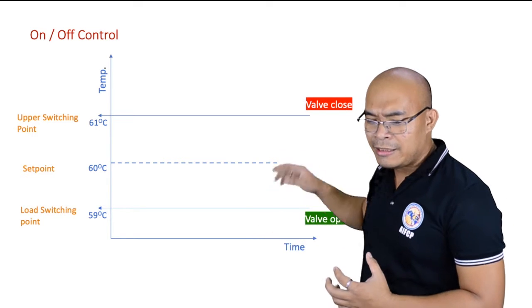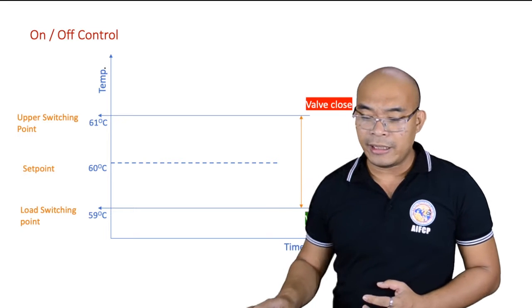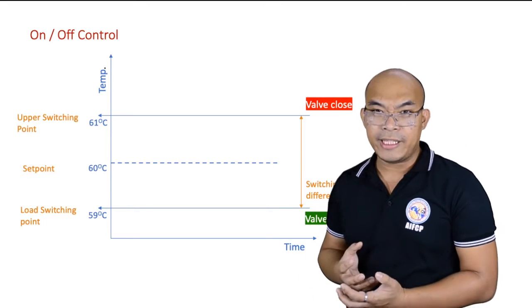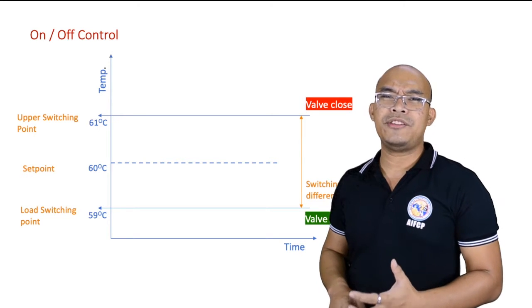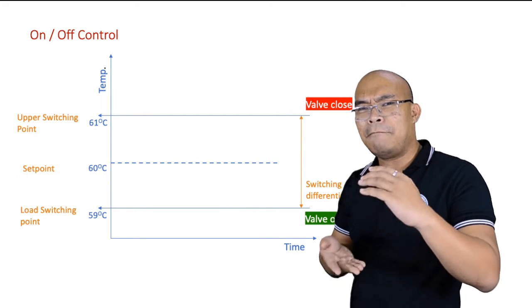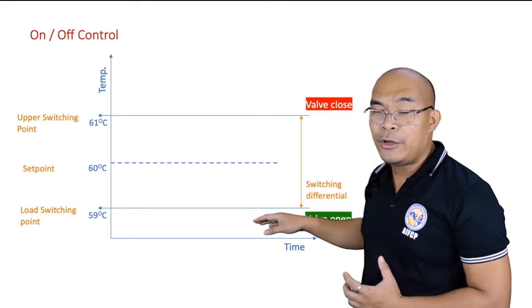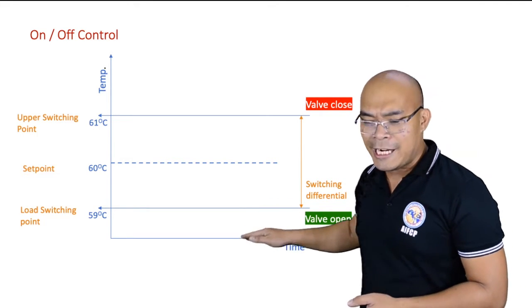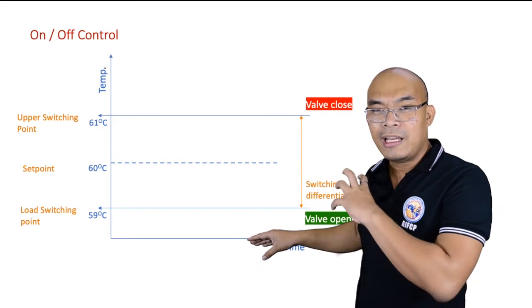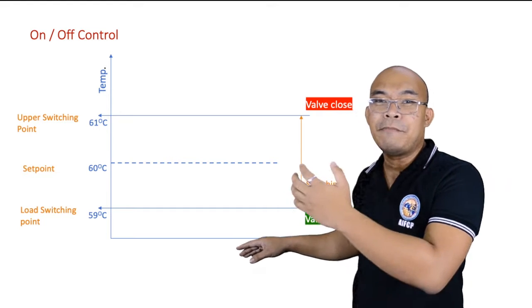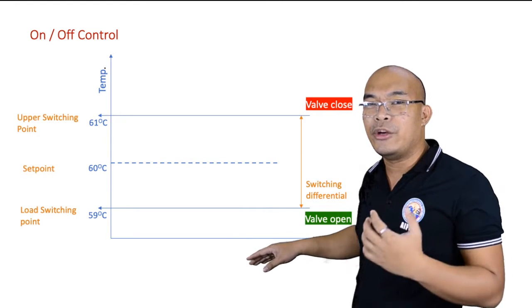And then, yung distance nito, yung 59 at saka 61 degrees centigrade, ang tawag natin dyan, that is the switching differential. So, ibig sabihin ng switching differential, within this range, pag tumama na yung temperature mo at 59 degrees centigrade, yung valve niya, i-open niya so that the steam can enter to the fuel para painitin niya yung fuel.